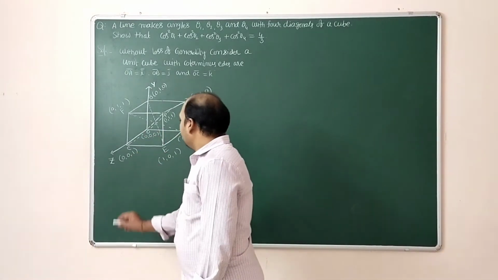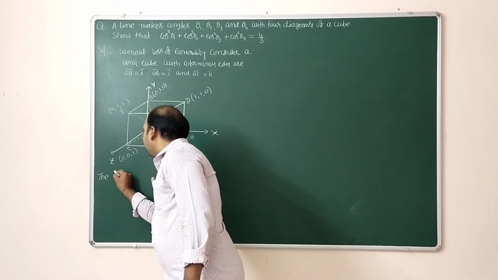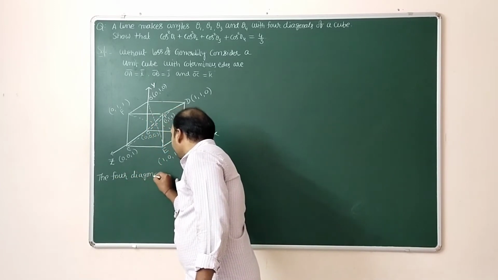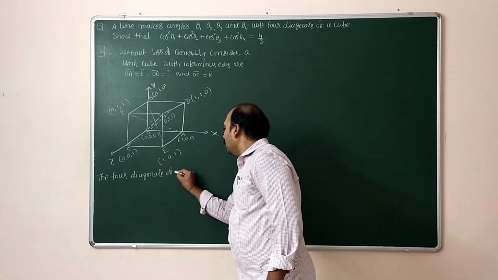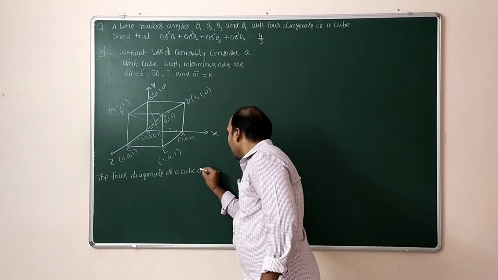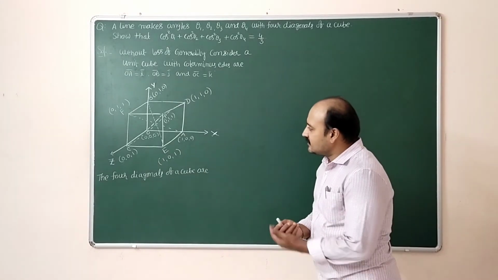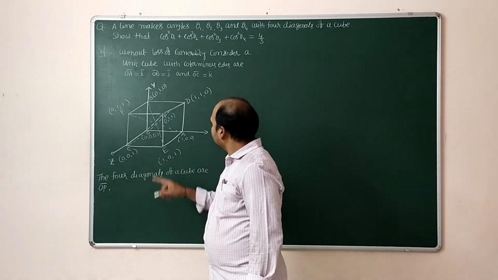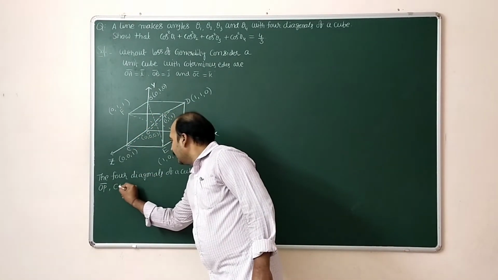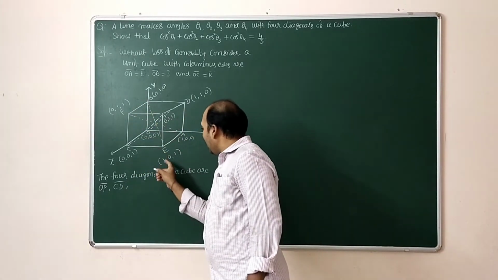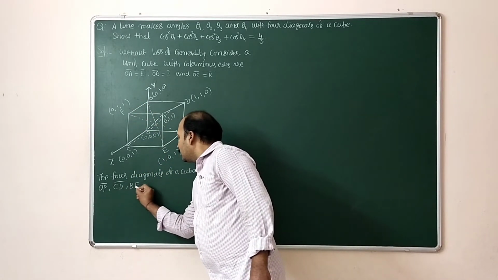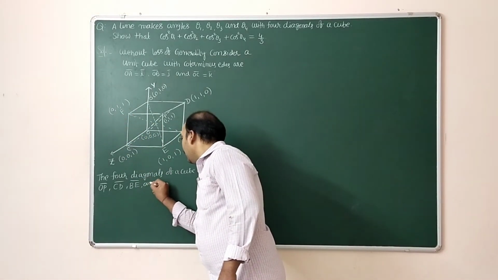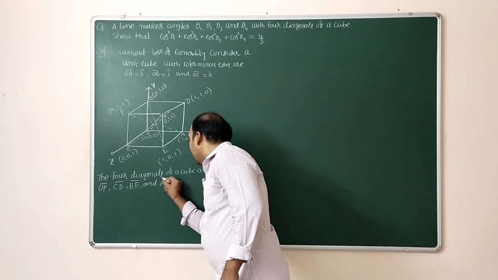See here, the 4 diagonals of a cube are OP, next CD, next BE, the dotted lines I mentioned, and next AF. These are the diagonals.